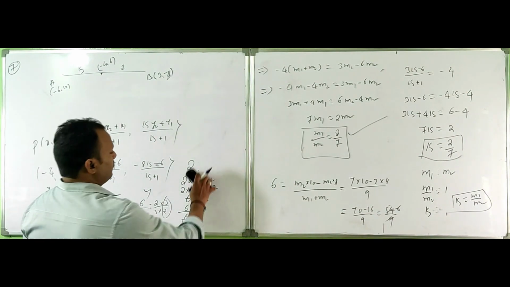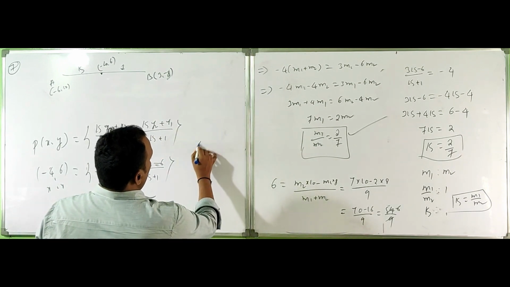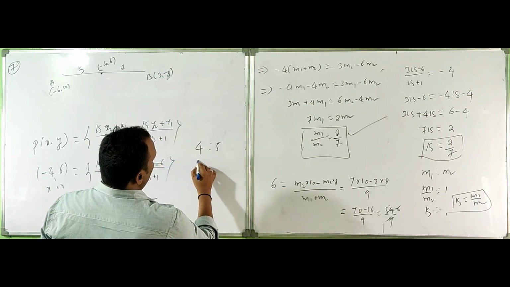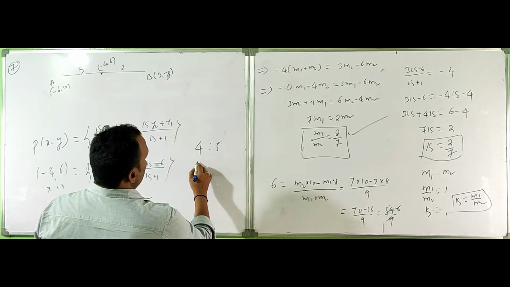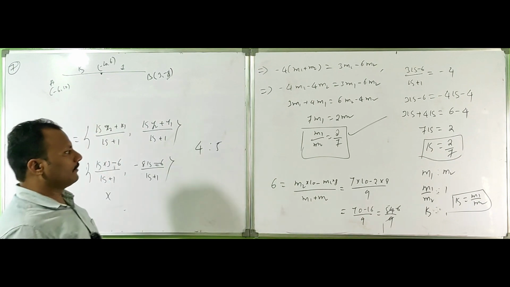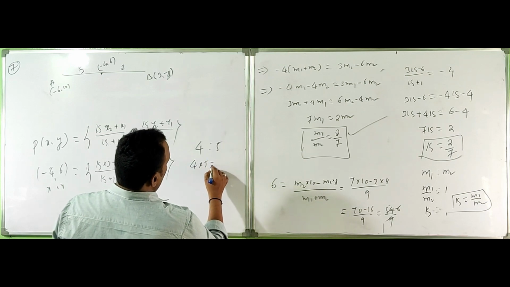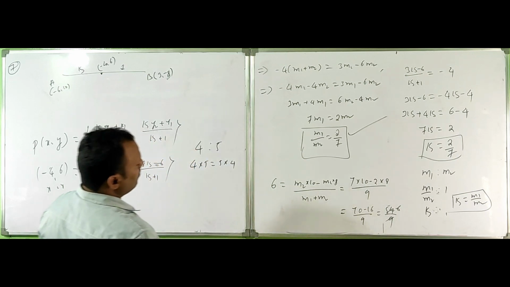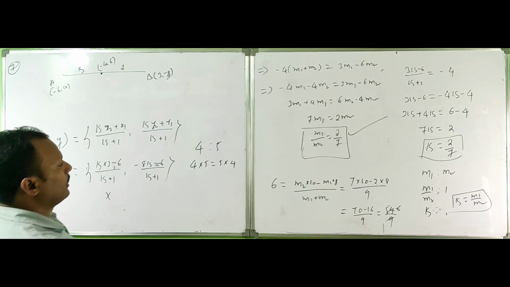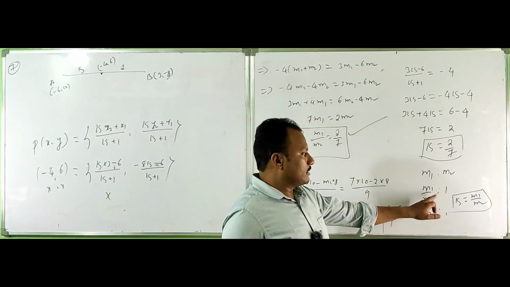I have to use the HCF method. 4 and 5 can be written, and 20 is the LCM. I take the HCF here, 4 is to 5 ratio, 4 into 5 can be written as 5 into 4. I will clarify this later. The answer is 2 by 7, and see here the k by 1.